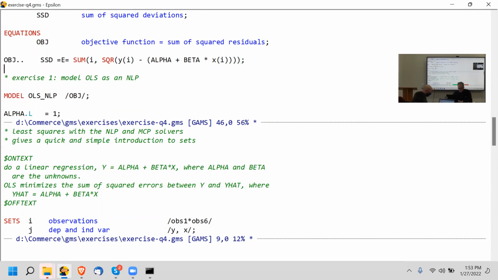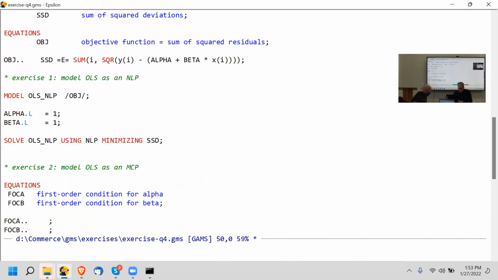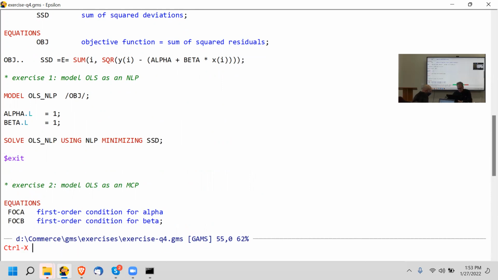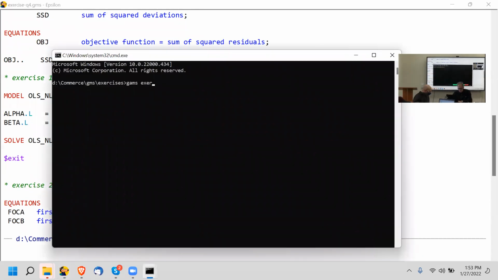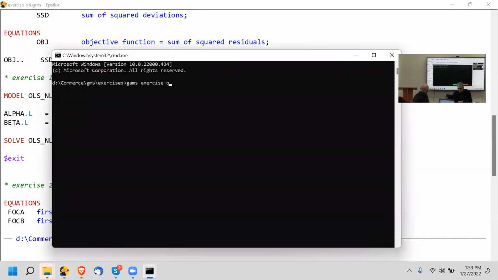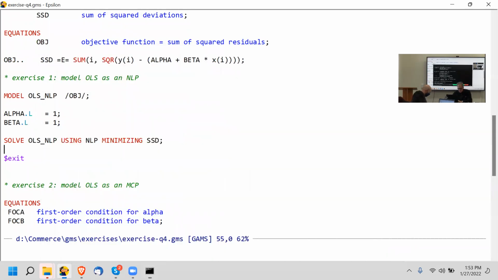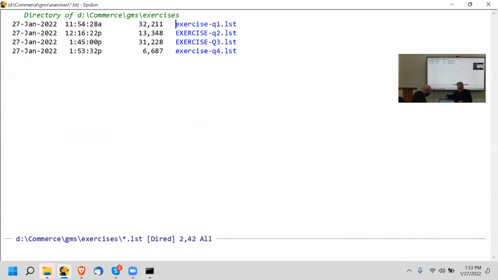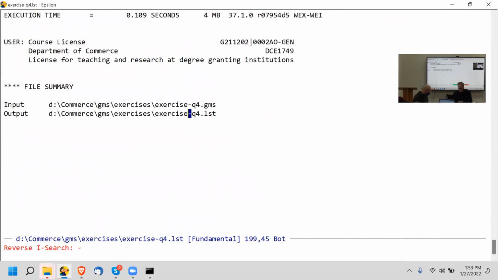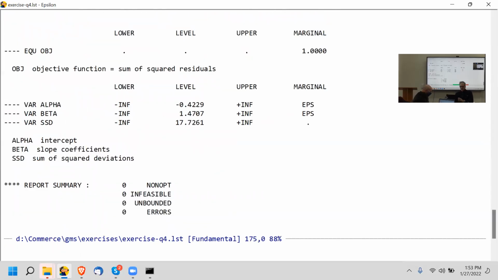That's the ordinary least squares. Let's just see if we get this far. So alpha is minus 0.42 and beta is 1.47.